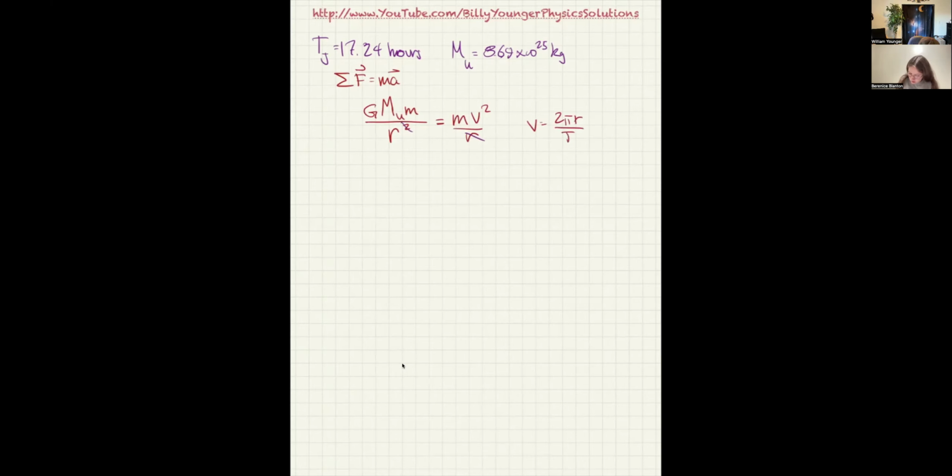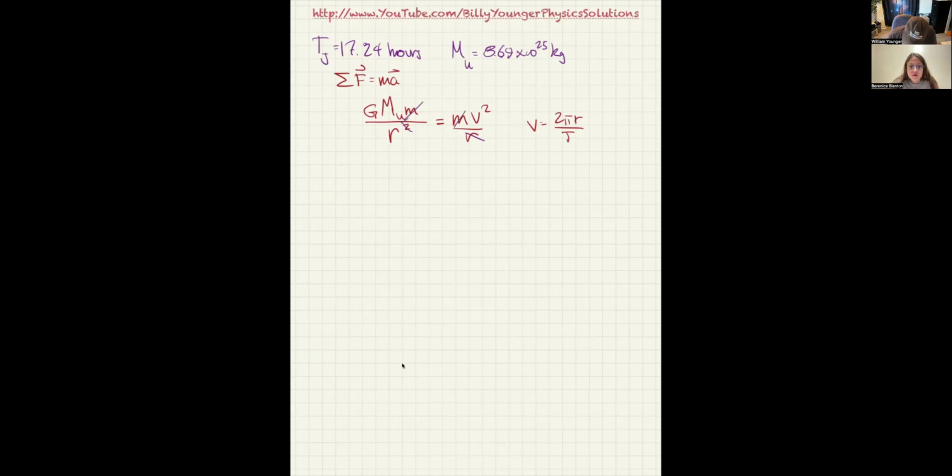So you can also see that the m's for the satellite cancel out. They asked for the radius, not the velocity. Yeah, what is the radius of the orbit required for the satellite to revolve around Uranus with the same period?